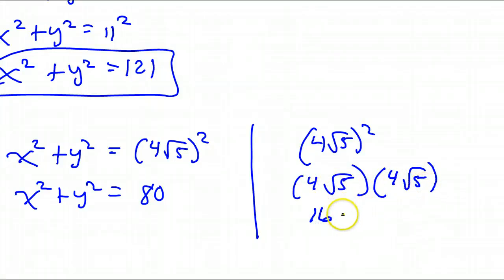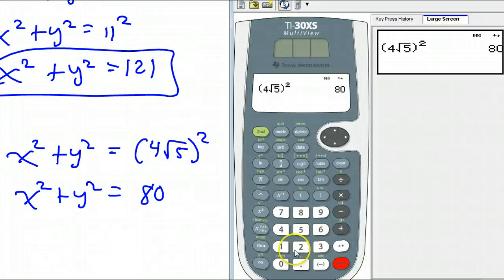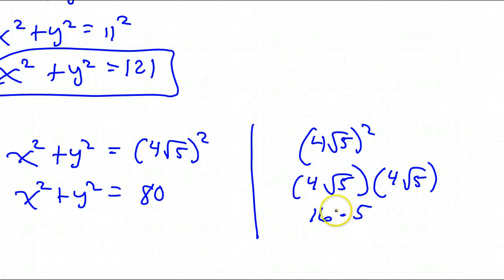Radical 5 times radical 5 is 5. All right, squaring a radical just makes the radical go away. So the answer is going to be 16 times 5, and you can just calculate that. So as you can see, you get 80 either way. Okay, moving on.